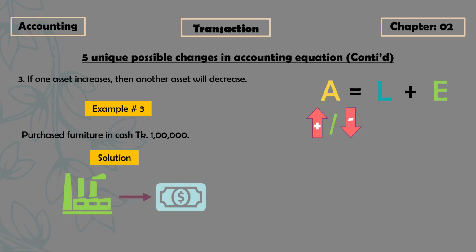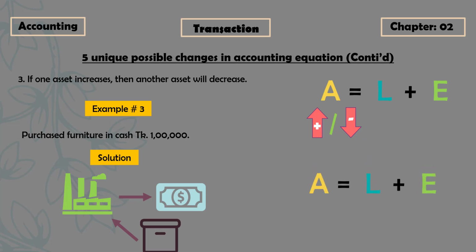Business paying cash and receiving furniture: outflows of cash decreases the asset, and receipt or inflows of furniture increases the asset. So this is the example of asset increase and asset decrease.